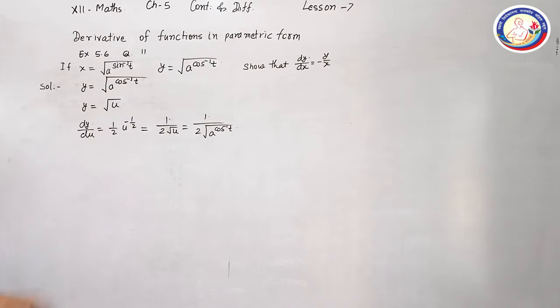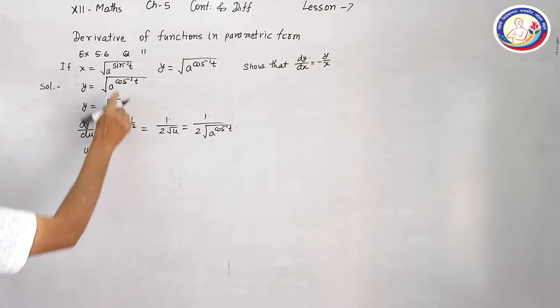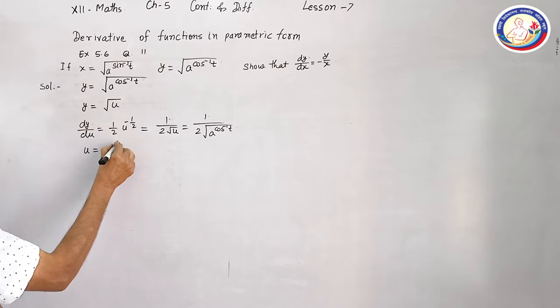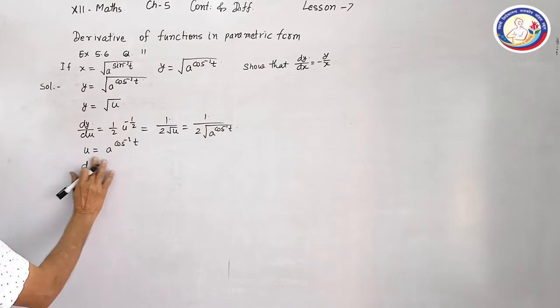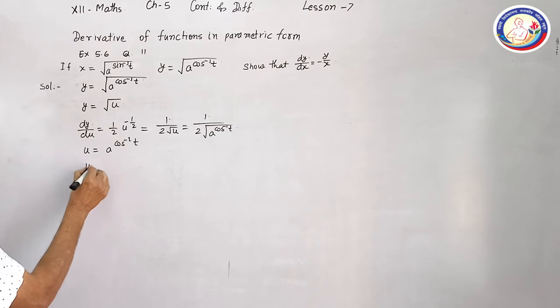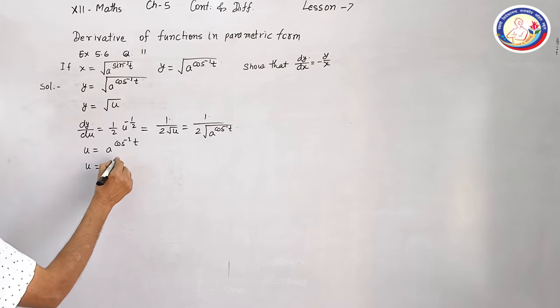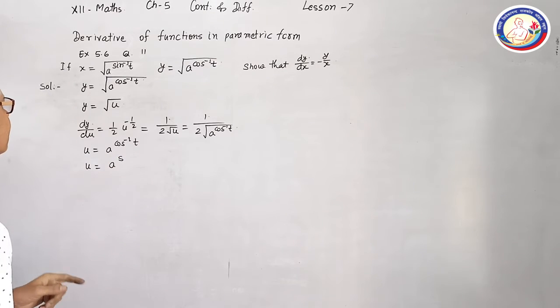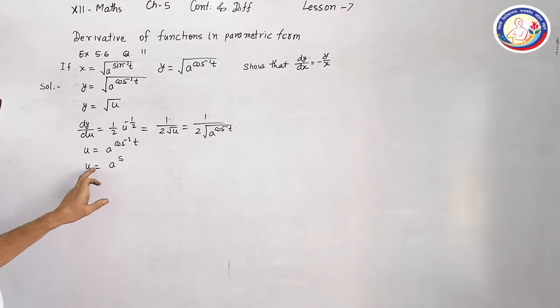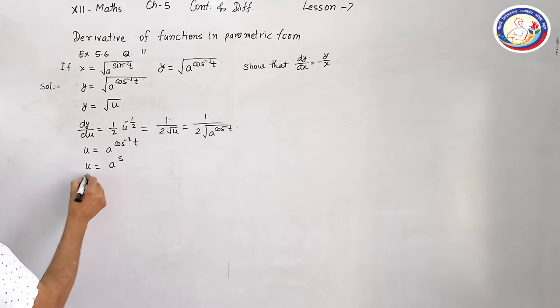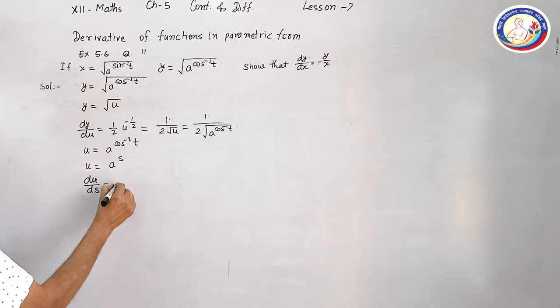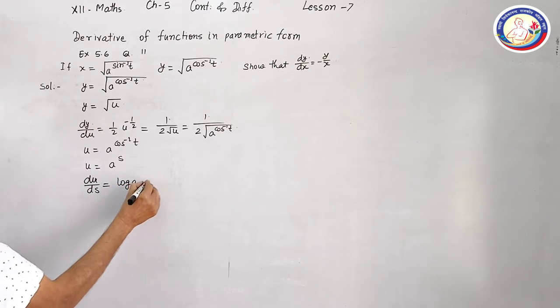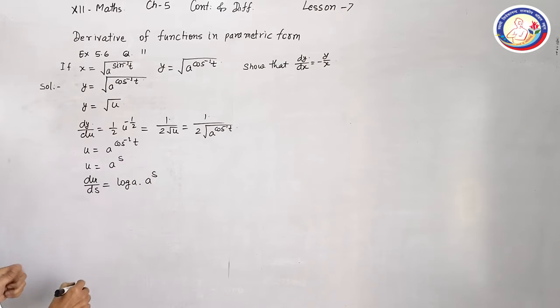Now, what is u here? u is a raised to power cos inverse t. So write u as a raised to power s. So u is a function of s. So du by ds is log a into a raised to power s.